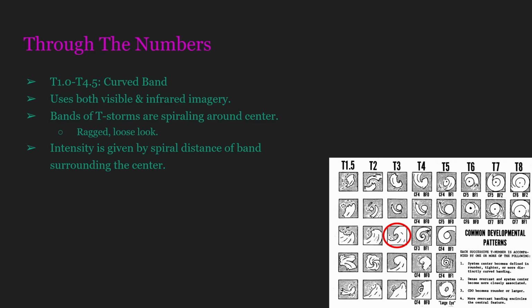The intensity with a curved band pattern is given by the spiral distance of the band surrounding the center. So we will take this middle image here, T3. Again, this is the one that I'm going to use for demonstration. It's circled in red. The way that the intensity would be given is splitting this up into 8 sections like a pie or a pizza, depending on your preference.